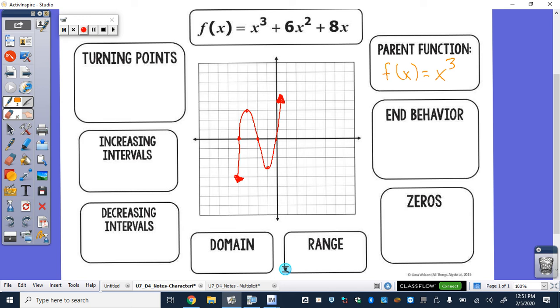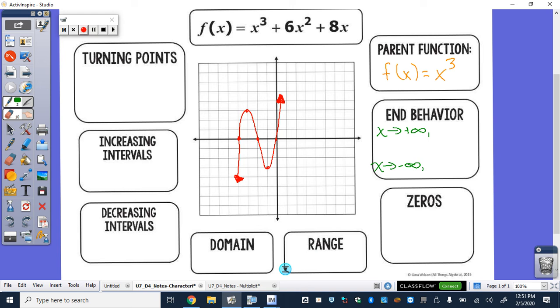End behavior. We started writing end behaviors in a little bit more of a sophisticated notation, if you will. So as x approaches positive infinity, that means our right side of our graph. As x approaches negative infinity, that means the left side of our graph.